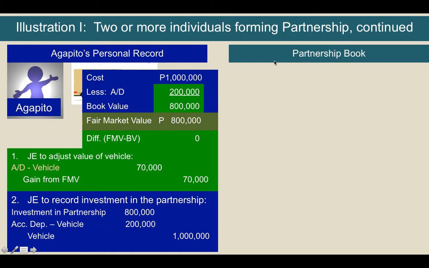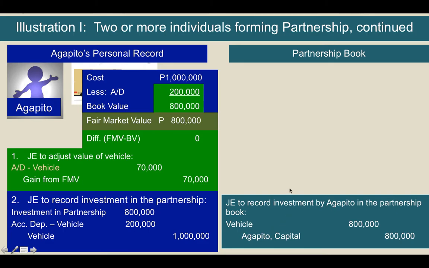Now the accountant of the partnership will record Agapito's investment. The accountant of the partnership books, obviously, there can be two different accountants. Now in the partnership book, it will be recorded.